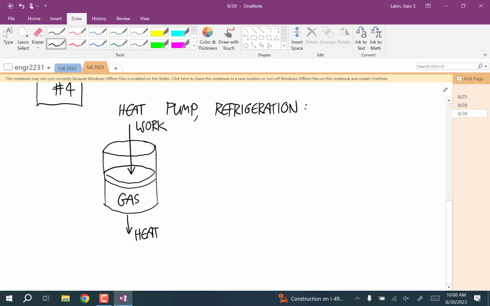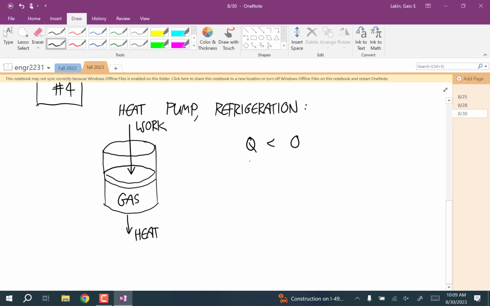Heat is positive if energy is being added to the gas. So in this case, Q is negative. And work is positive if it's being done by the gas on the surroundings, energy being lost from the gas. In this case, work is being done on the gas. You can remember, anytime a gas is compressed, work is being done on it.